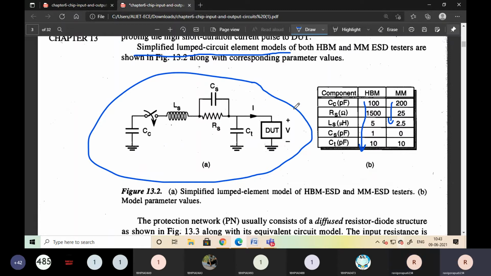Advanced model, lumped circuit element model to reduce ESD due to human body model and machine model.